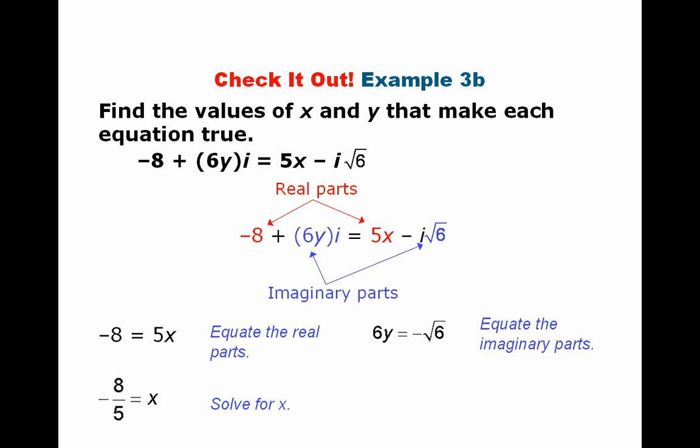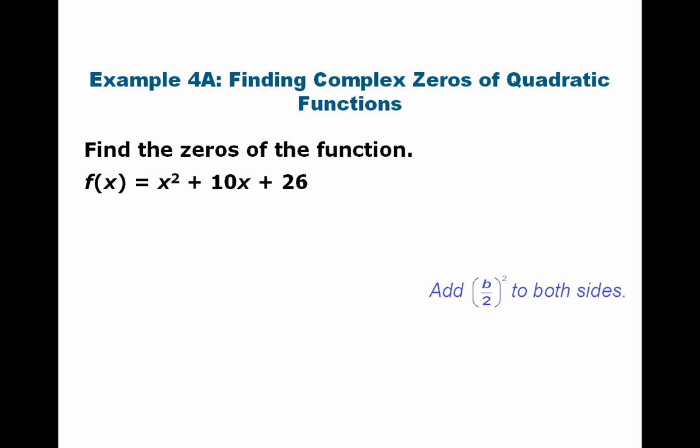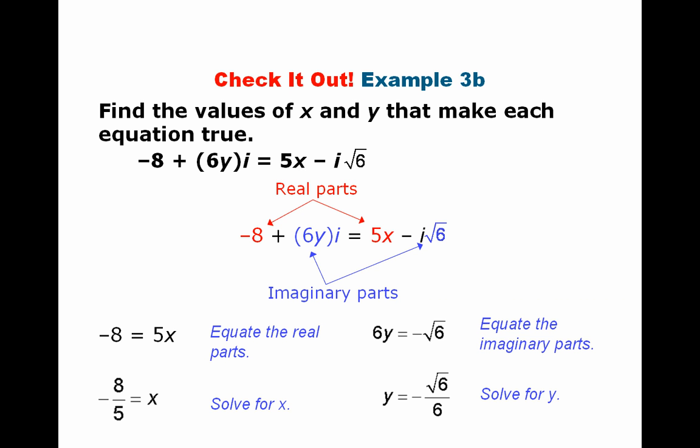And take the imaginary parts, the 6y and negative square root of 6, anything that doesn't have the i, so we'll leave the i there and take the other part. So 6y equals negative square root of 6, and solve for y. And those are the values that we should have ended up with. Okay, so negative 8/5 and negative square root of 6 over 6.